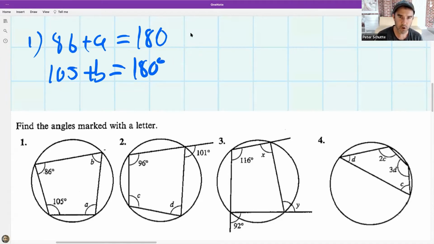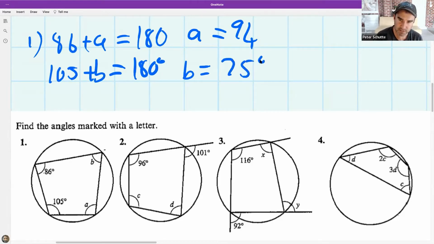But now I have to work out what A is, and I have to work out what B is. So in order to get to 100 from 86, I need 14, and then I need to go another 80, so I'm going to get 94. And then for B, 105 plus something gives me 180. B is going to be 75. And so I know that these angles would be this.